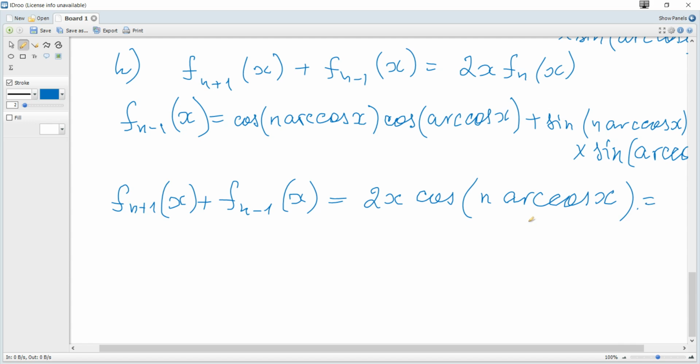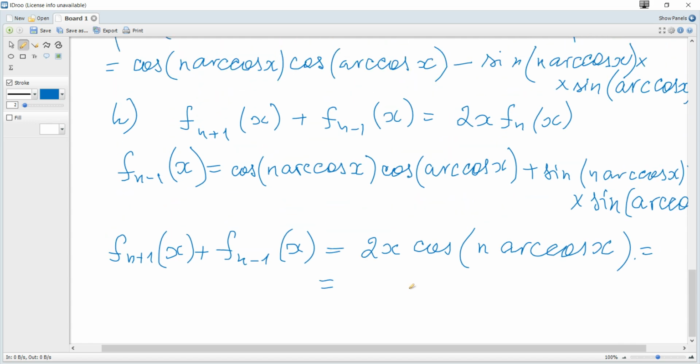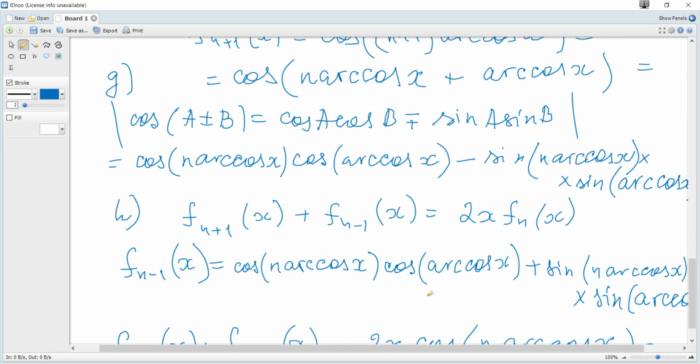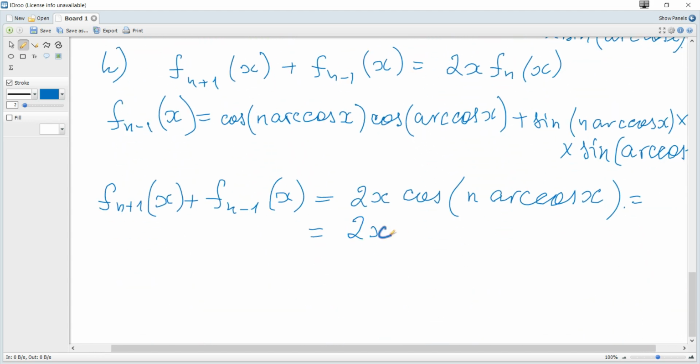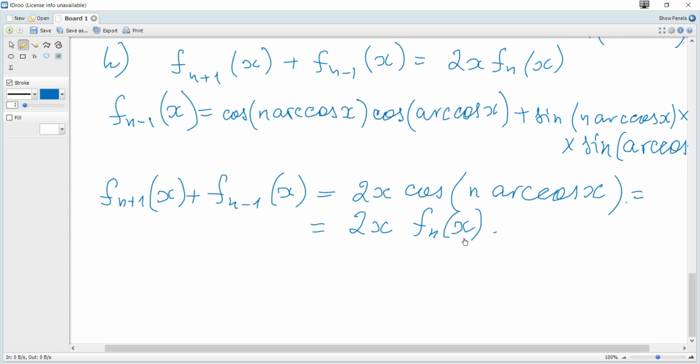And cosine of n arccos x, our general formula, is f_n(x), so we get 2x f_n(x) as required.